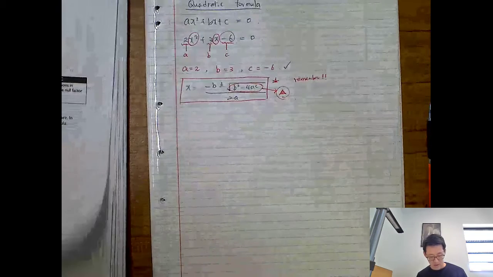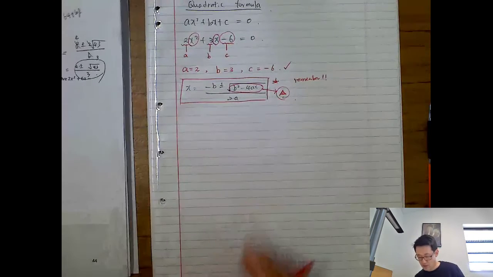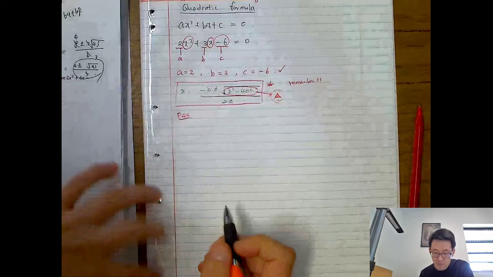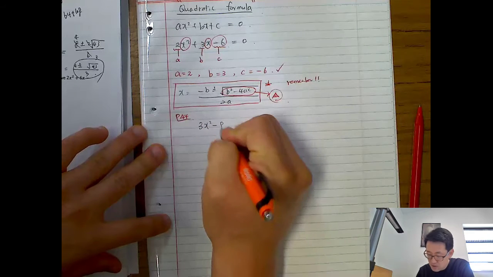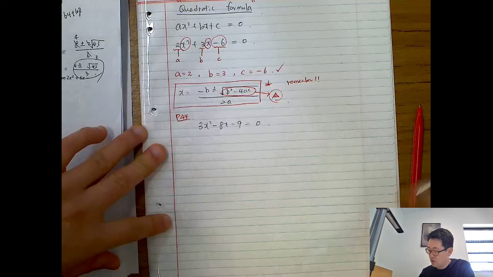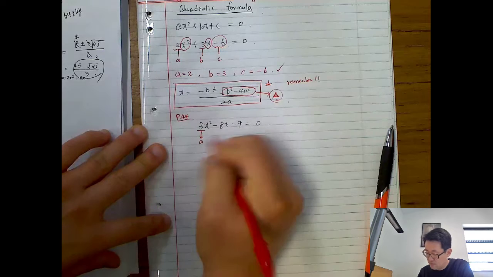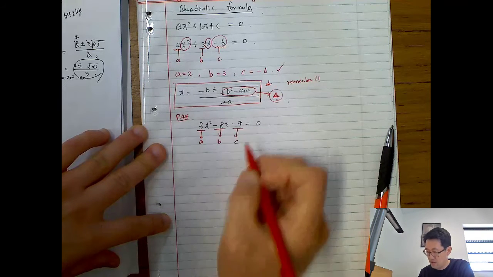Okay, and then move on to the next page, page 44. Okay, there's a question. 3x squared minus 8x minus 9 equals 0. Let's try that question. All I need to do is figure out what is a, what is b, what is c.